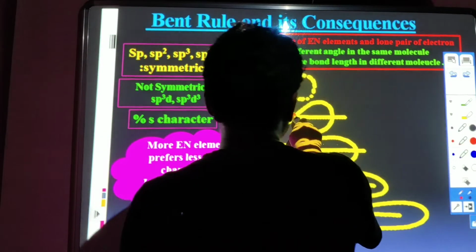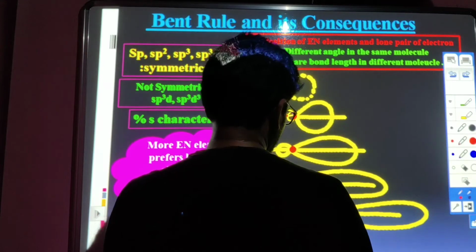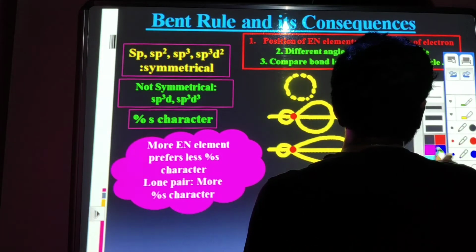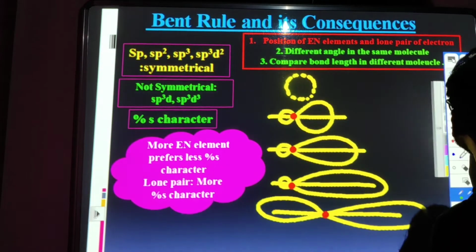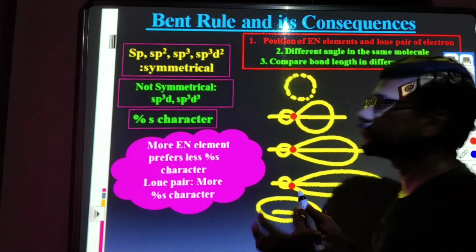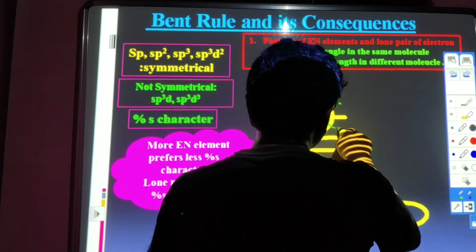Now fluorine, an electronegative element, will attach and form a bond here.